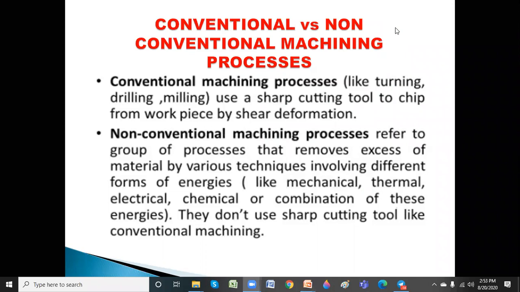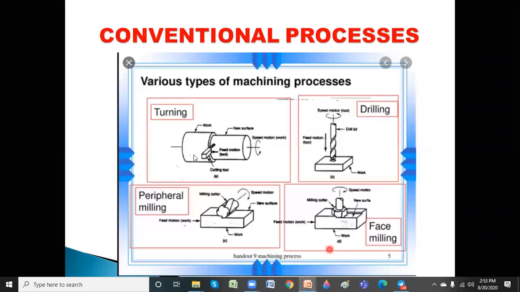Right. Now come to the next slide. These are some of the conventional processes. You might already have an idea about this. This is basically the turning process, which you do on the lathe. You'll be holding the workpiece in a chuck. I want to convert the base diameter of the material to this step turning.